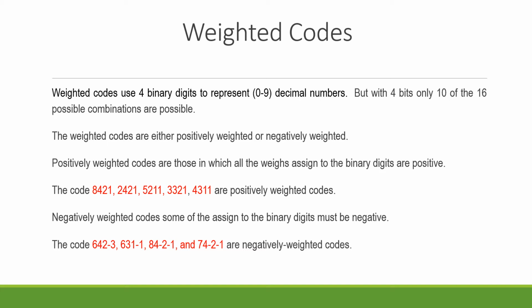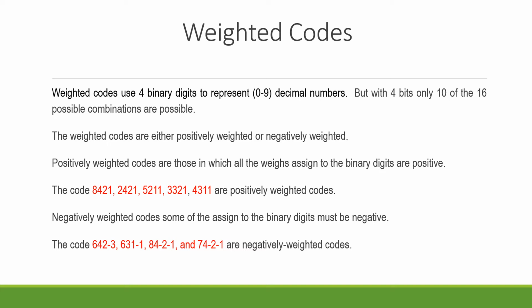In 8421, the last two digits are 2, 1. For 2421, the last two digits are 2, 1. In 5211, they are 1, 1. For 3321, they are 2, 1. And for 4311, they are 1, 1. So in these positively weighted codes, the last two digits are either 1 or 2.